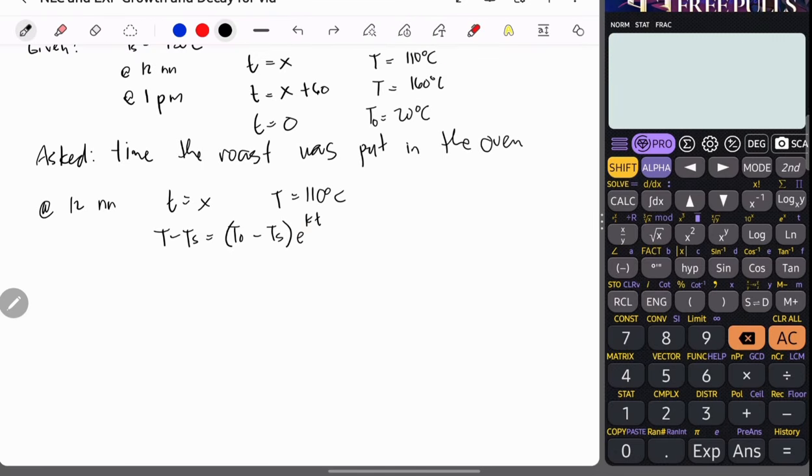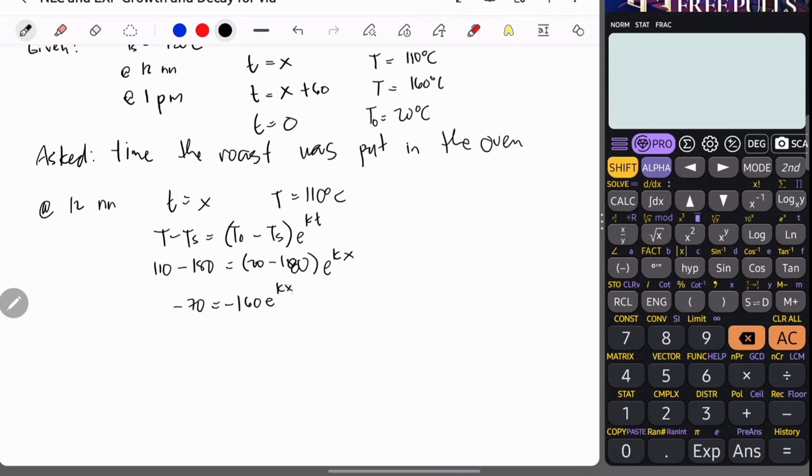The temperature when the time is X is 110 degrees Celsius minus Ts, which is 180, equals T sub O is 20, minus Ts, 180, times e to the k, then T is X. 110 minus 180 is negative 70. 20 minus 180 is negative 160.